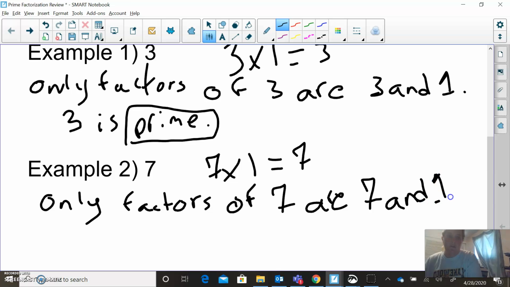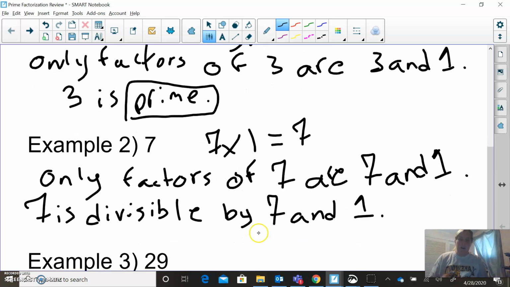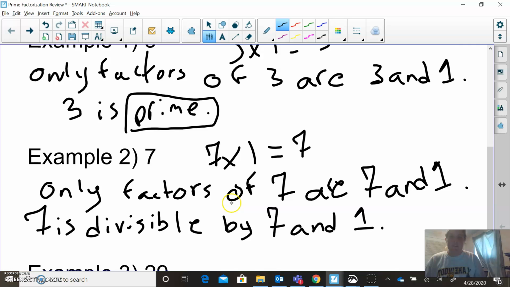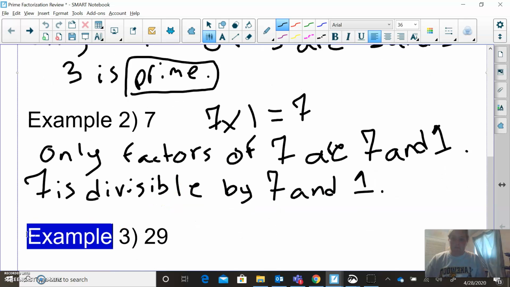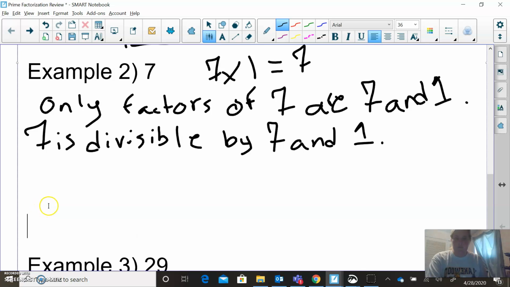So that means 7 is only divisible by 7 and 1, and only those. It's not divisible by anything else. So that means 7 is prime.